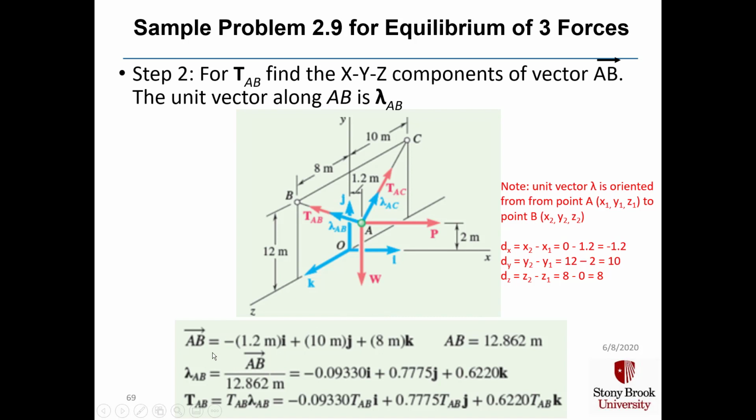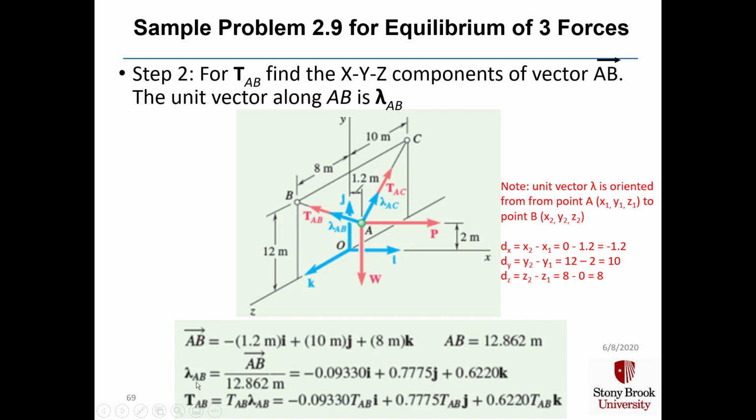We express vector AB by putting dx in front of i, minus 1.2 meters times i. We plug the dy component 10 in front of the j, and we plug in the value of dz, which is 8, in front of k. We find the length of vector AB is the square root of d sub x squared plus d sub y squared plus d sub z squared, which is 12.862.